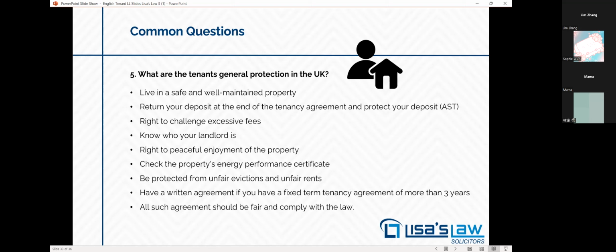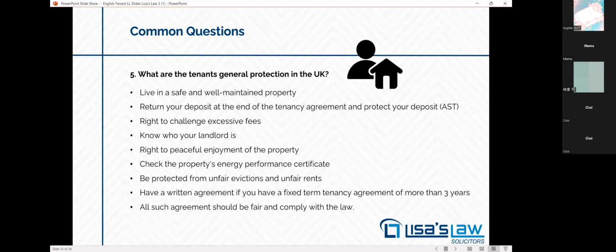Check the property's energy performance certificate. This is quite important, because electric bills are soaring and gas is soaring, everything's soaring. The EPC will give you guidance on whether the property is very well insulated.